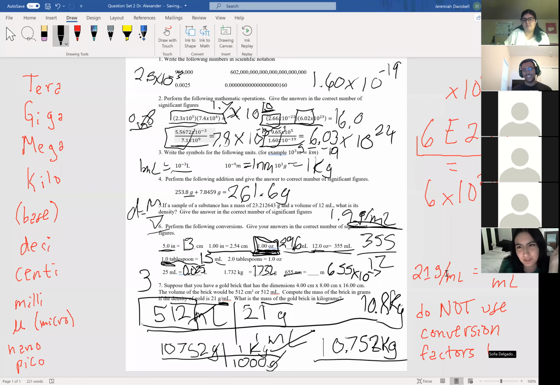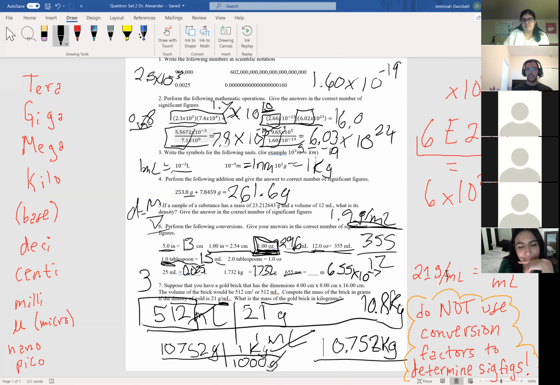Yes. So anytime you see units that aren't by themselves, they're normally meant to be conversion rates or conversion factors. If you see something that has a unit by itself, like in this case milliliters, we could use that as our starting point.